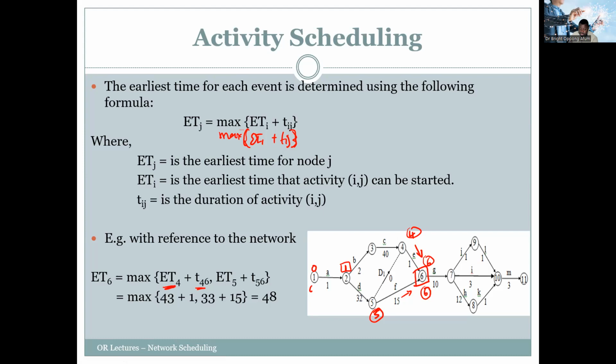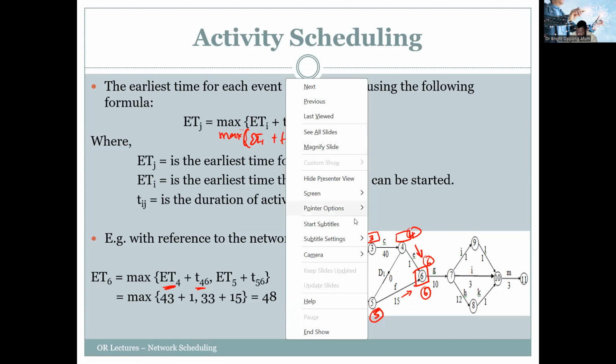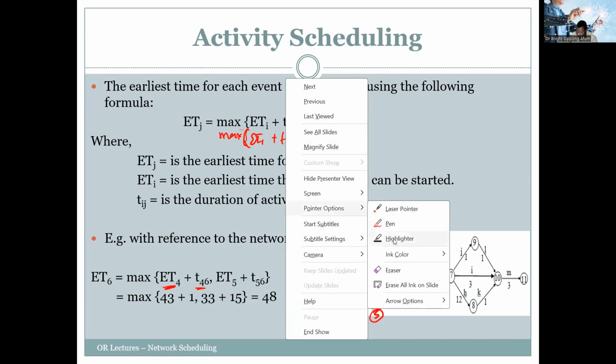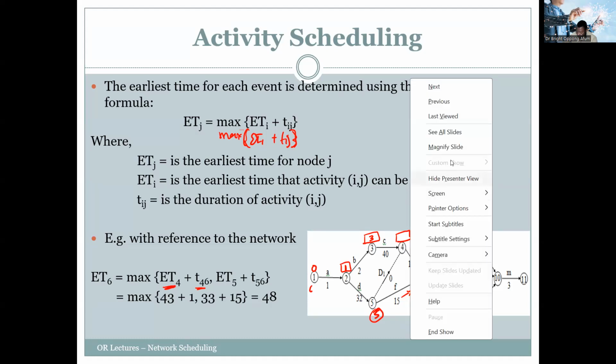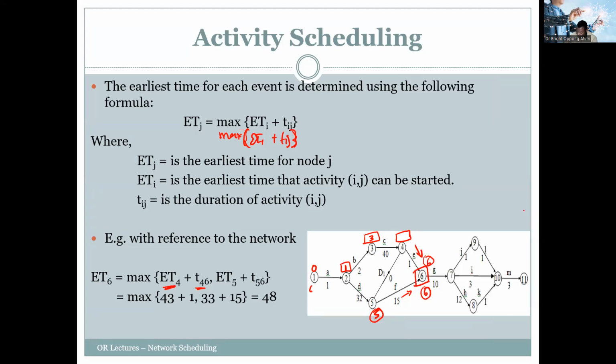On node 3 it is 1 plus 2, which is 3. On node 4, it is 3 plus 4, which is 7.